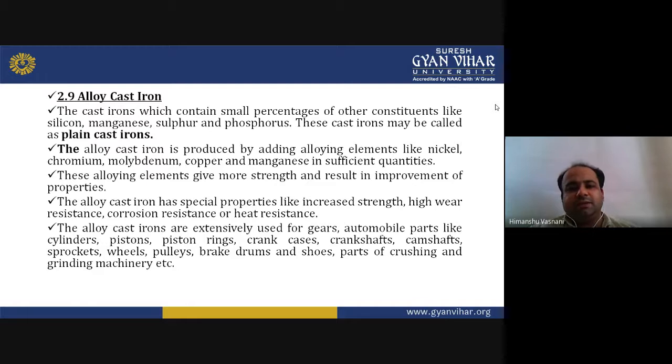Properties like corrosion resistance, heat resistance, increased strength, and high wear resistance give it many applications in industry. Alloy cast iron is widely used in the automobile industry for making automobile parts, and the parts are really important, as you can see from the examples.